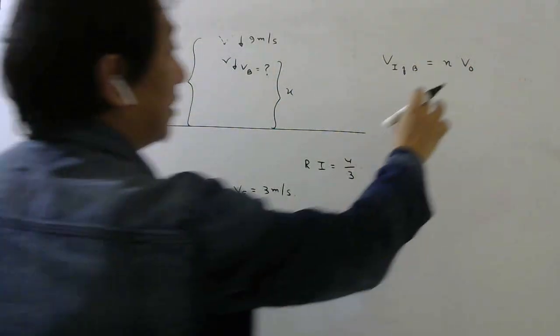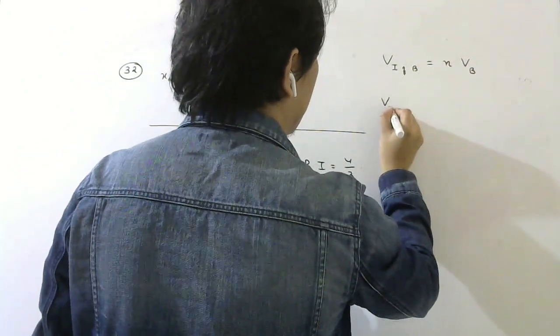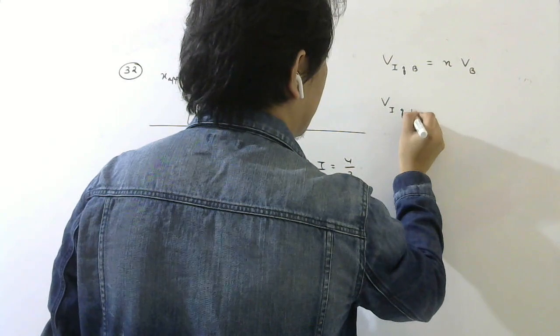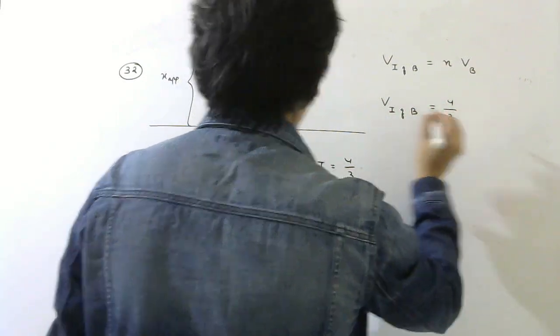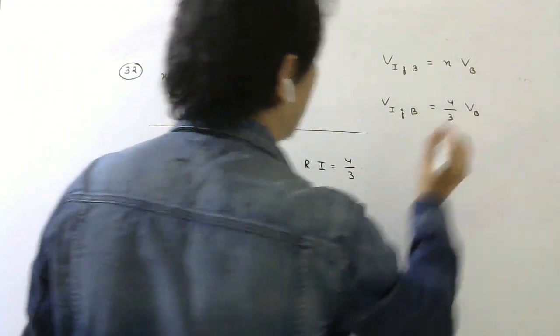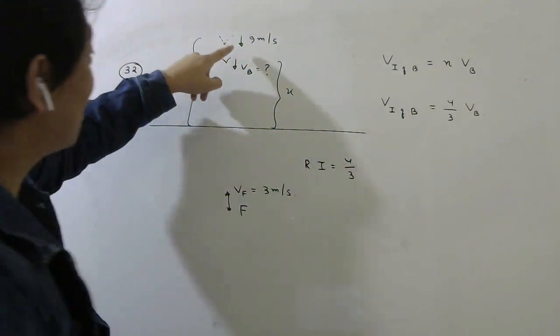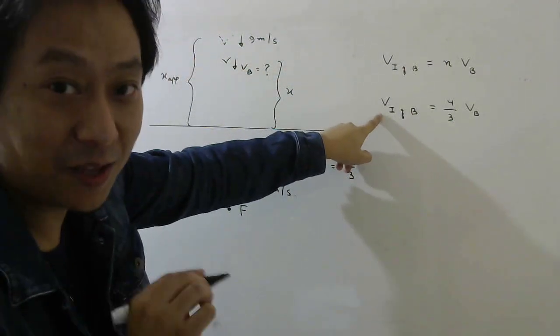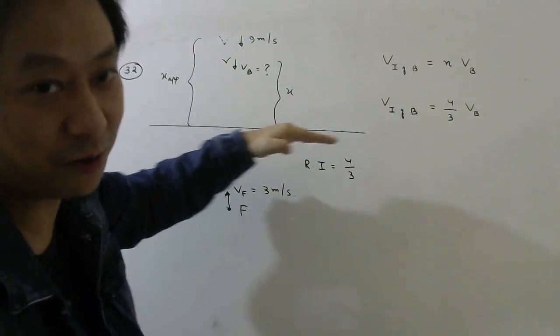The object here is the bird. So the velocity of image of bird is equal to 4/3 times the velocity of bird, which we don't know. Now you may think, sir, this is 9, put 9 here. No, no, no. This is the velocity of image of bird with respect to ground or with respect to surface.